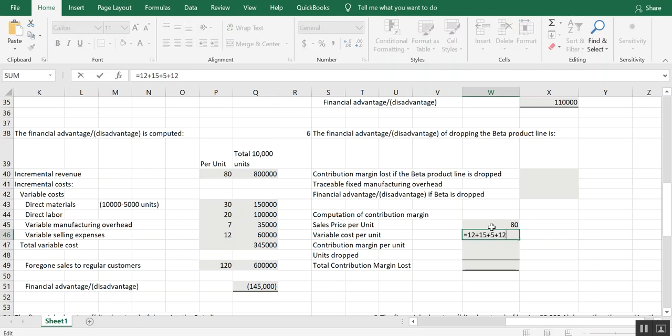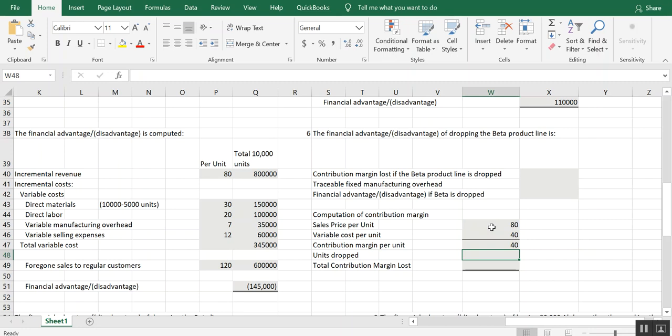Or no, not $12, $8. I'm sorry, I got the wrong one. So it's $8 variable selling expense. That is the total variable cost that we have for this product, and we're going to subtract that from the $80 to get the contribution margin of $40 per unit.